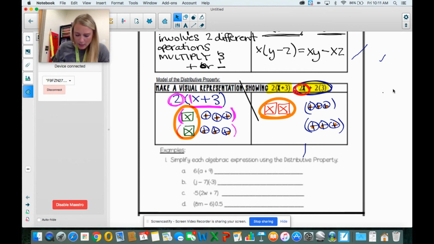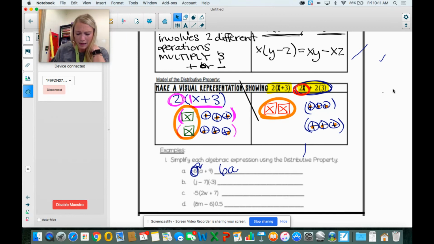Multiply. Okay, so I'm going to take this 6 and I'm going to distribute it or give it to everybody in the parentheses. Okay, so I have 6 times a. Do I know what a is? No, but again, it doesn't really matter because I have 6a.